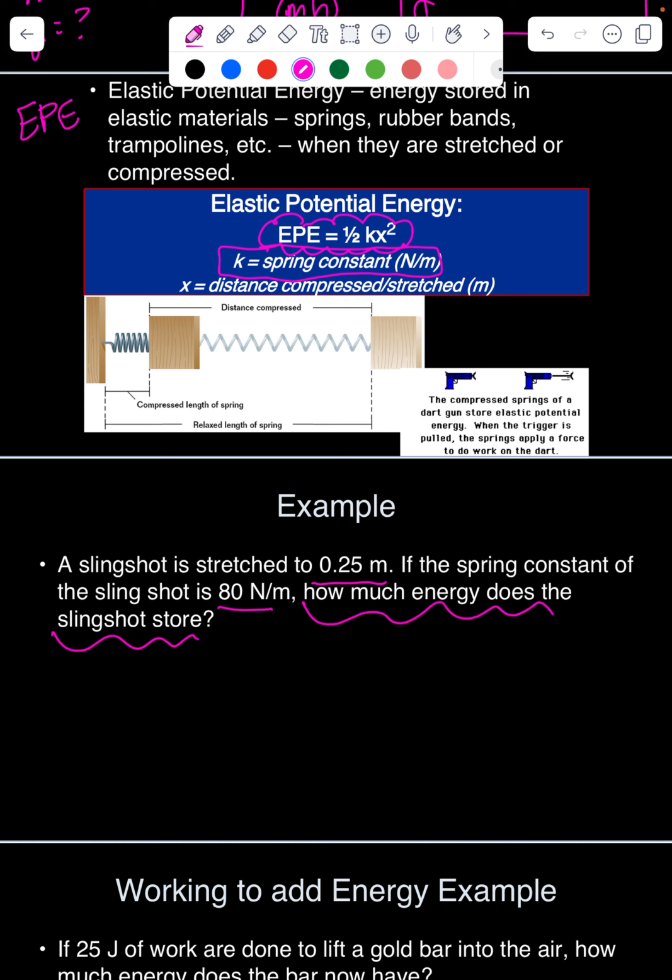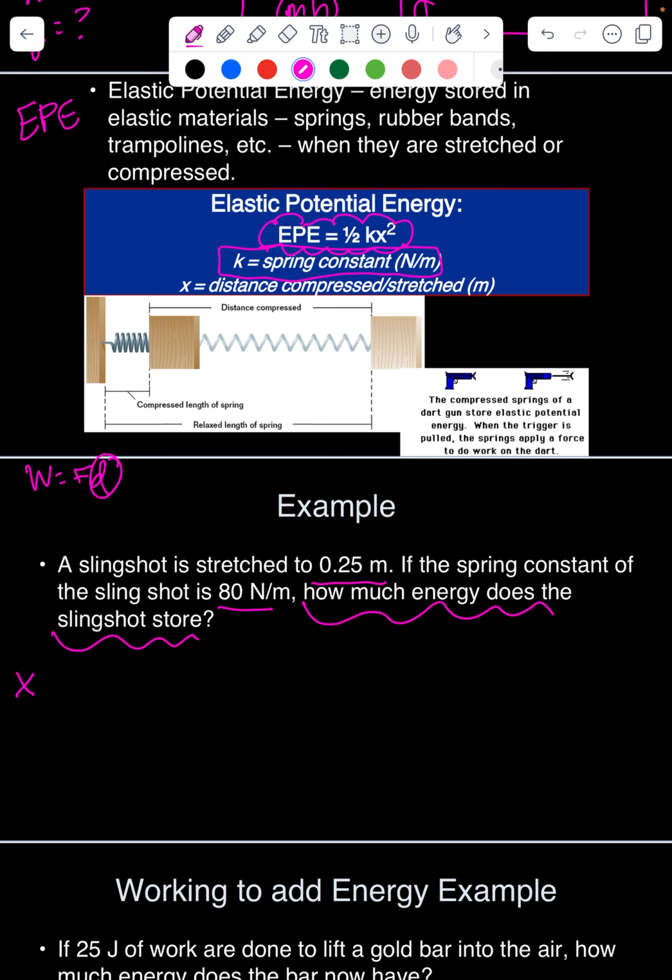So we have stored energy, we have potential energy. Because it has been stretched, we know this is elastic potential energy. We're going to be writing down our givens first and foremost. Again, as of right now, we have work is equal to force times distance.